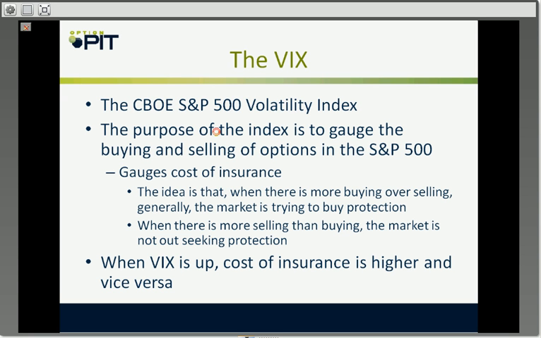A lot of people know what the S&P futures are, SPZ or ES. They have options. And then there's the SPX, which is the cash index. That's traded on the CBOE. That has options. And the VIX is based on the cash options. So it gauges, what I like to say, the cost of insurance.